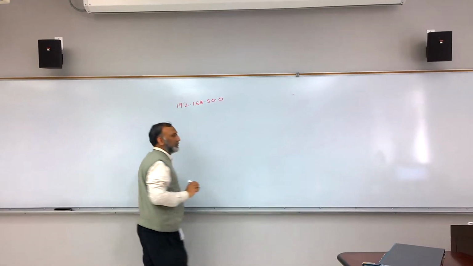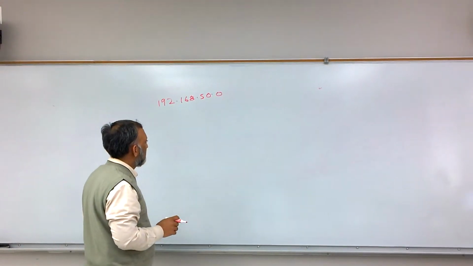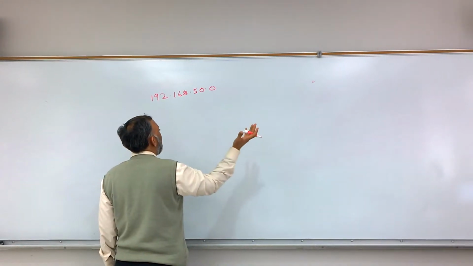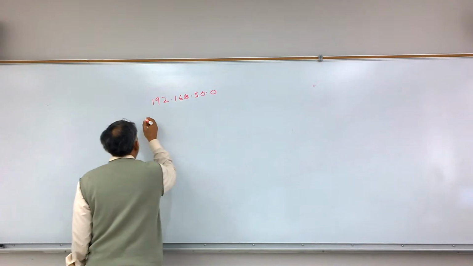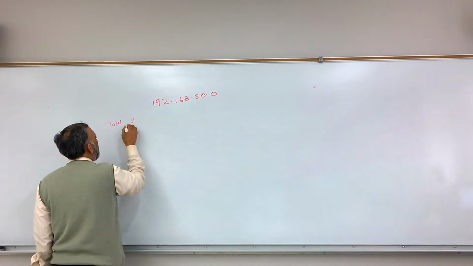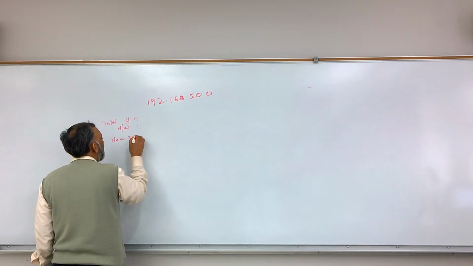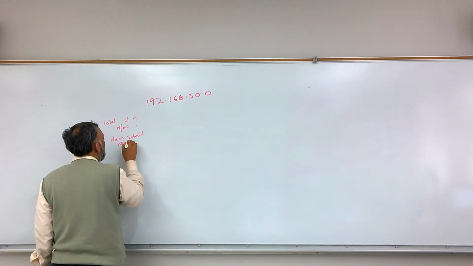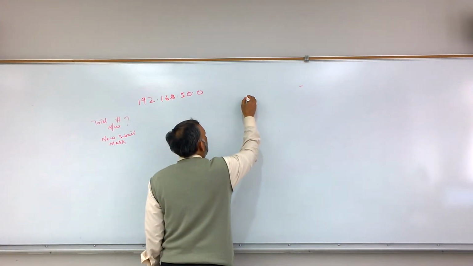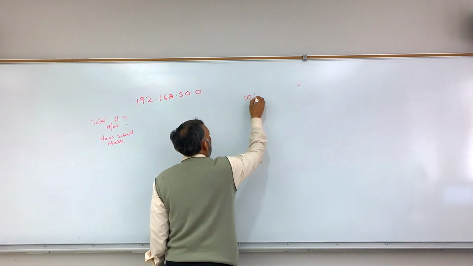50.0 network, right? And if I ask you to find the total number of networks, the new subnet mask, and I want, let's say, 10 hosts per subnet.